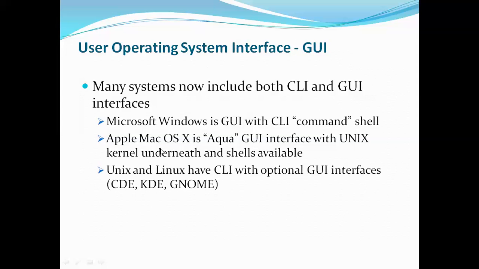In Apple Mac OS X, there is the Aqua GUI interface with a Unix kernel underneath and shells are available. So it has both a GUI and a CLI. Likewise, nowadays we can have both command line interface and GUI interface. This is one of the major services provided by the operating system.